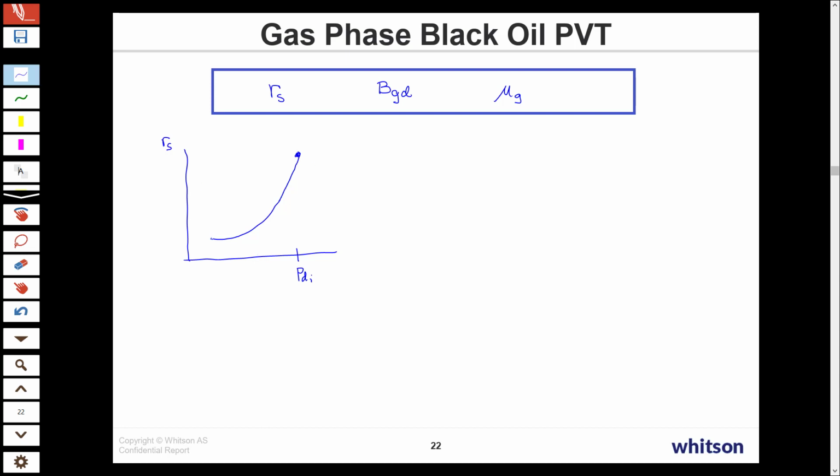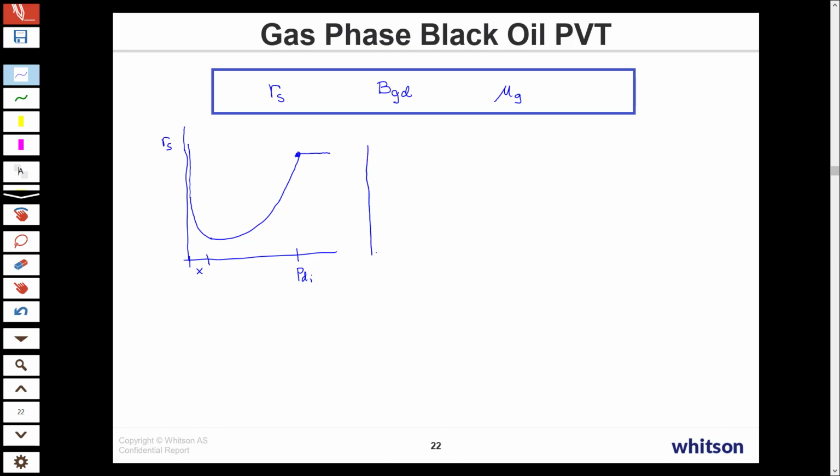But if you go to low enough pressures, those heavier components will start liking to be in the gas phase again, and this will actually turn around and really crank up, going asymptotically. But for practical purposes, this range of pressure is not too interesting. So we've got a solution oil gas ratio that will look something like this.